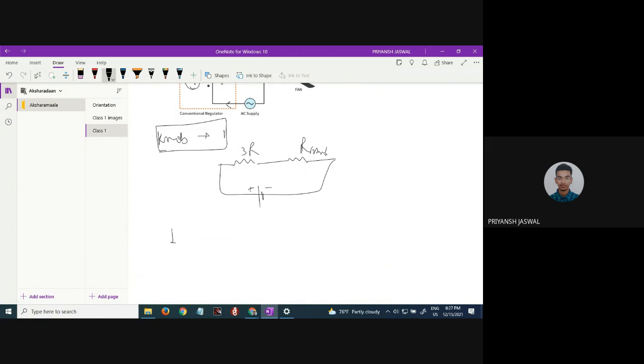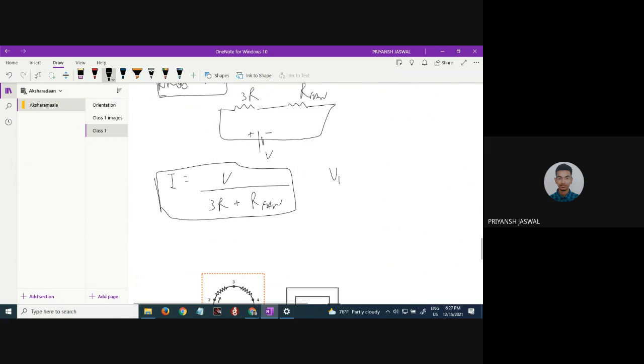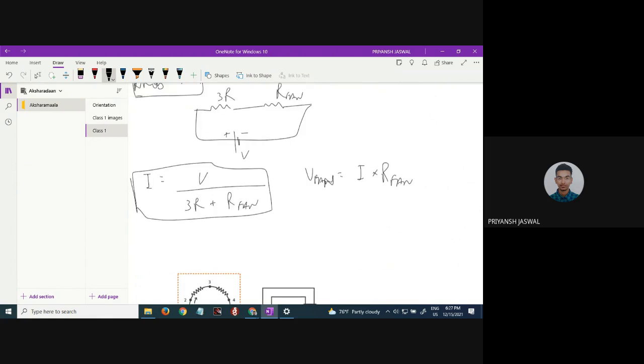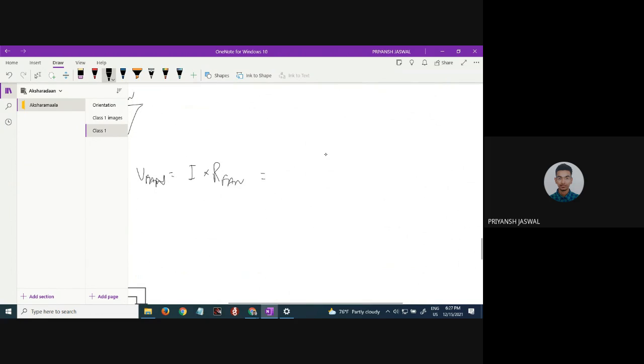So the current this time will be voltage upon 3R plus R fan, and the voltage drop across the fan will be I into R fan, that is V upon 3R plus R fan into R fan.